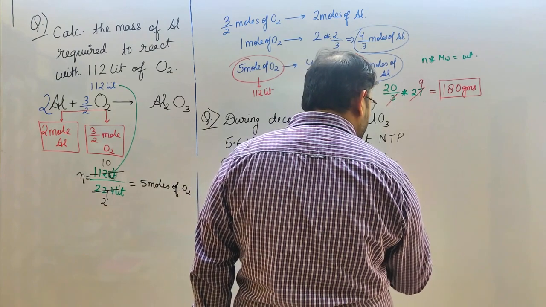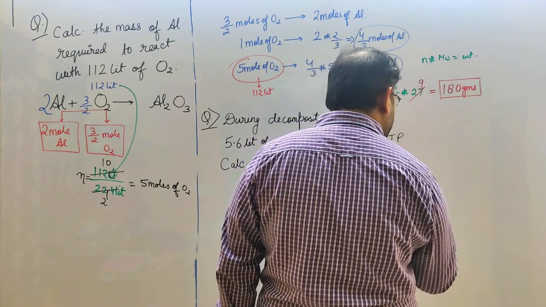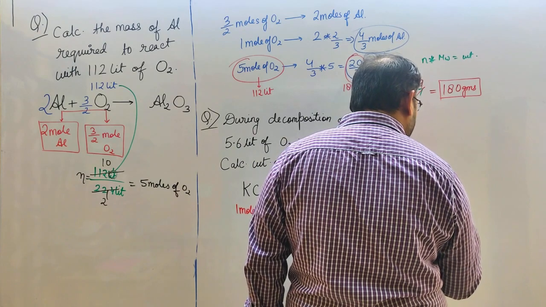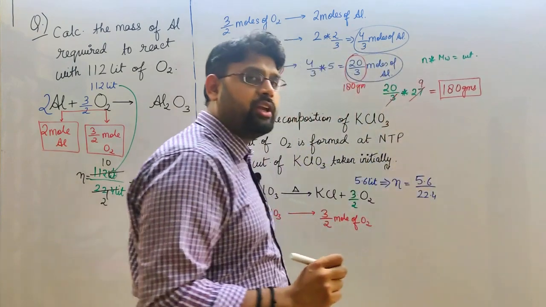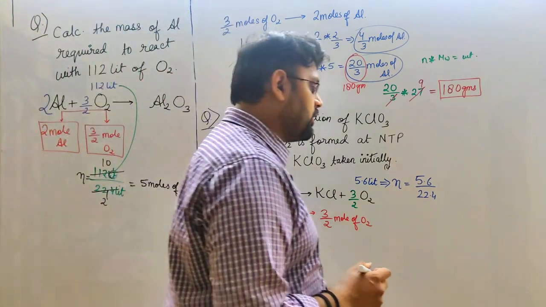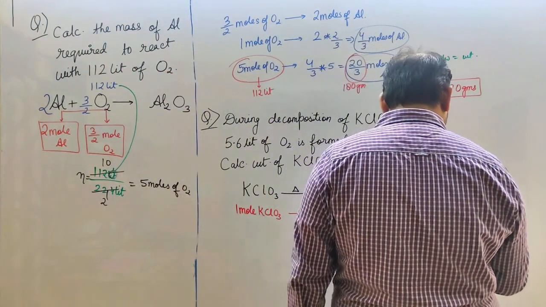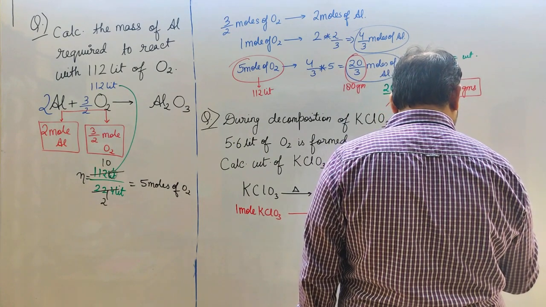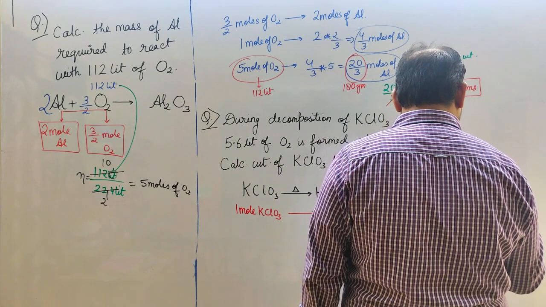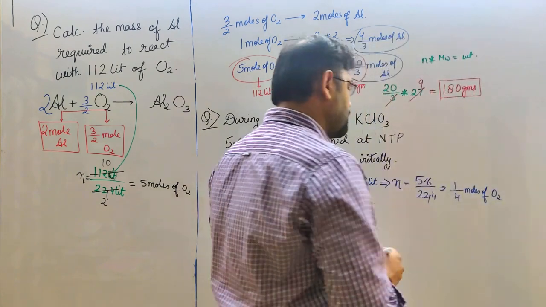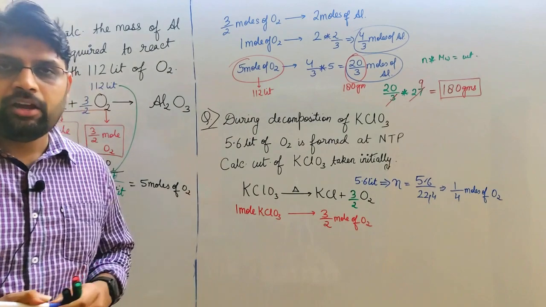Now what will be the mole of 5.6 liters of oxygen, that we have to find. So 5.6 divided by 22.4 will give you moles, volume given upon gaseous molar volume. So this comes out to be, I guess, 1 by 4 moles.